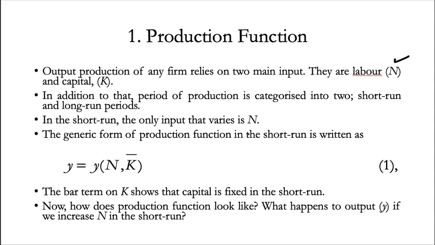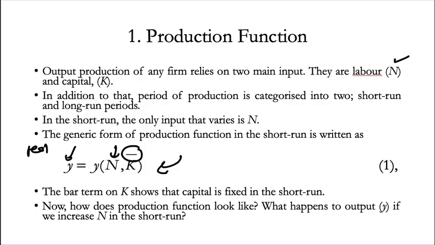In the short run, only labor input varies, and in terms of model, it is written as in equation 1 here. Output, this is real output, is a function of labor and also fixed capital. So if you see this, that means the output here is in the short run. Now let's look at it in the form of graph.